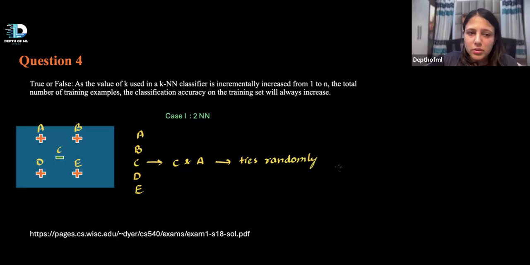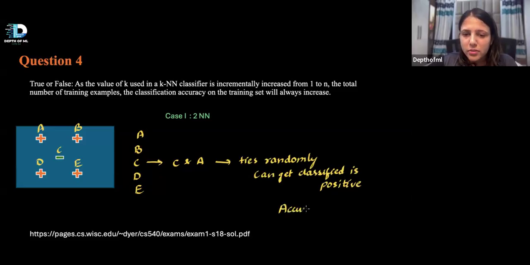So in this case, there is a chance that this can get classified as positive, though this is a negative point. So what happened to the accuracy? Accuracy can decrease, or it will decrease, and we'll see that it will decrease in the next example.